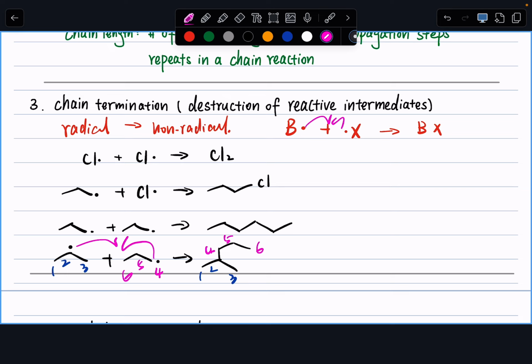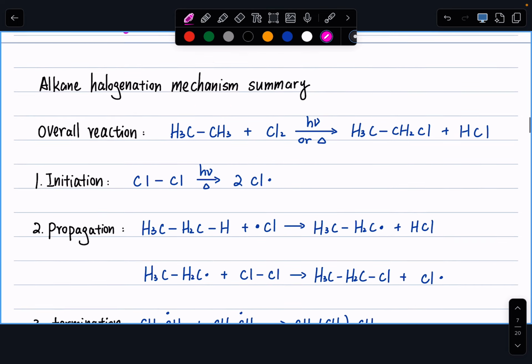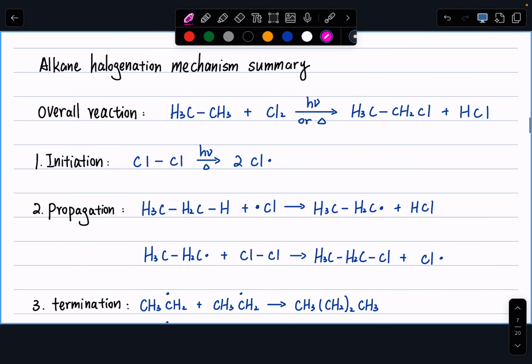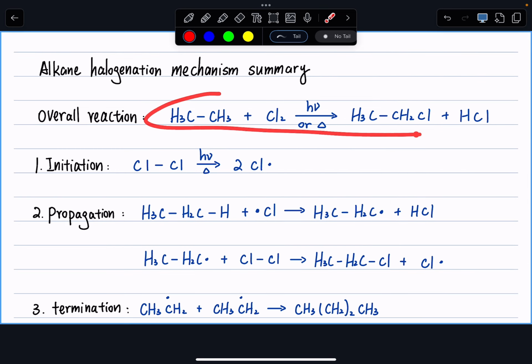All right. So in summary, when we're talking about the mechanism of this alkane halogenation, this is a slightly different scheme than we saw before, right? Before we were talking about the general or overall reaction. Here, if we're not considering selectivity, I'm just using ethane reacting with Cl2. What do we have?